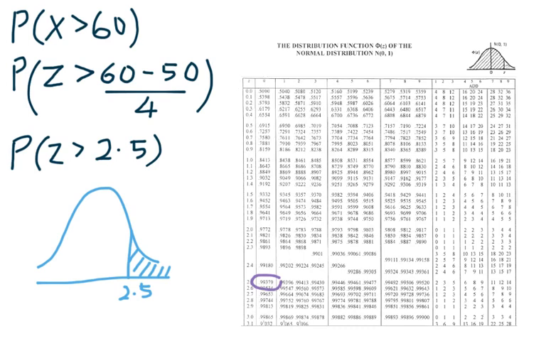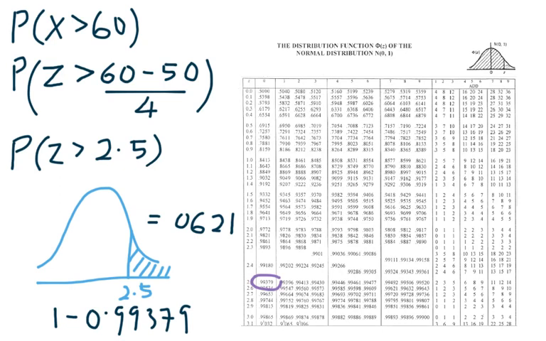So the probability is 0.99379. So that means our answer is going to be 1 minus 0.99379. So I will write the answer here. So it's going to be 1, 9, 7 is 2, 9, 3 is 6. So 0.